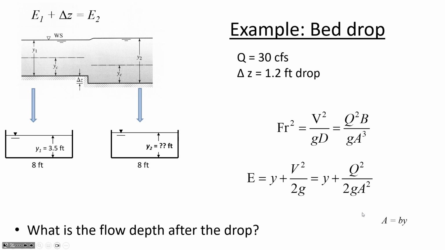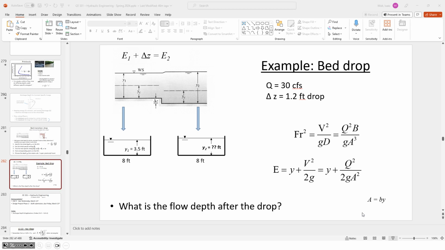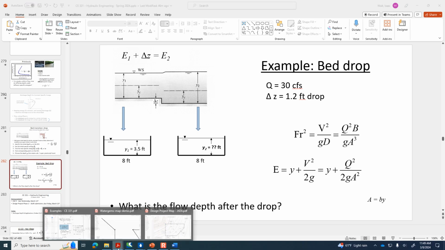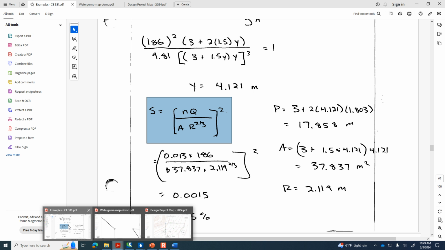And Y2, that's an unknown. And A2 is Y2 times 8 feet. So let me bring up what that looks like since we're running low on time here. We're down to 1 minute remaining.